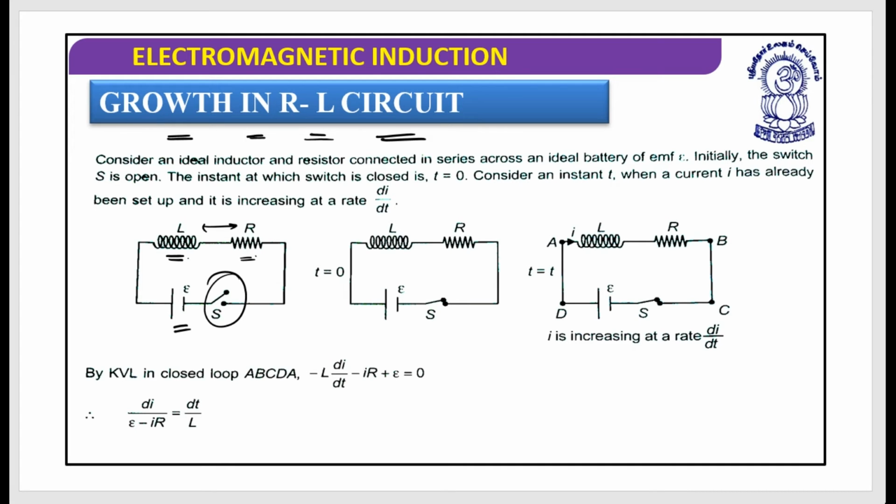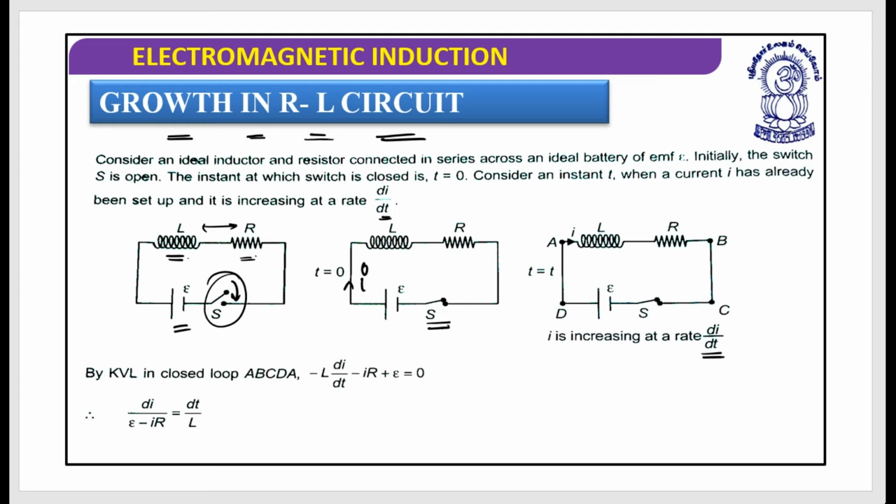Now the switch is closed at t = 0, and as the switch is closed a current starts flowing through it. The current has been set up and is increasing at a rate of di/dt.